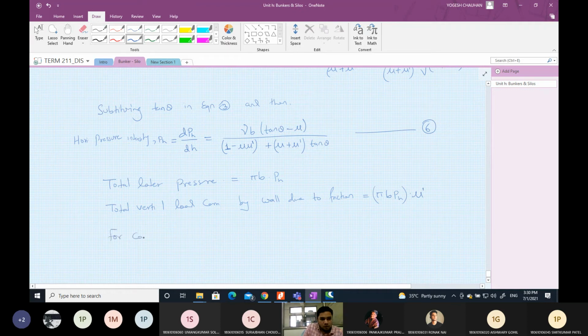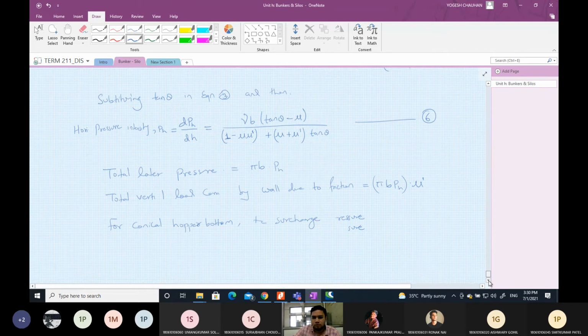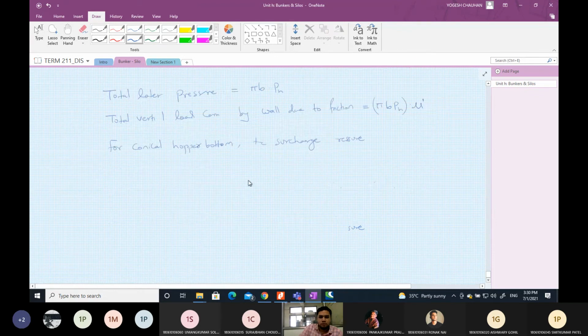Then for conical hopper bottom, the surcharge pressure will be equal to the total vertical load, that will be pi times diameter square by 4 into gamma into h, the height of the silo, minus pi times diameter times pH times mu dash.